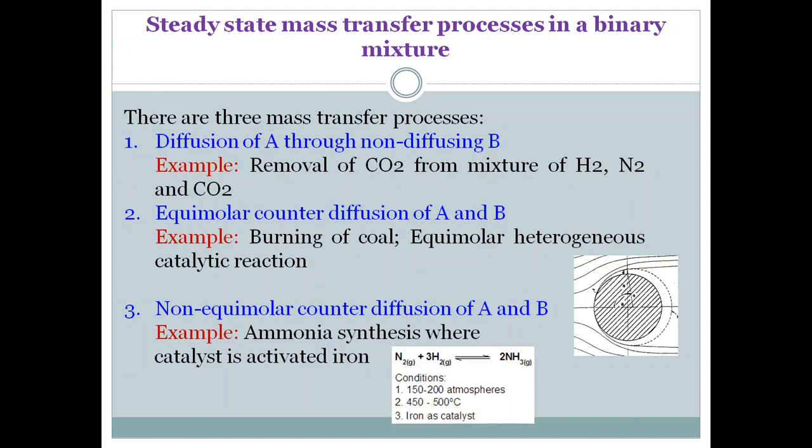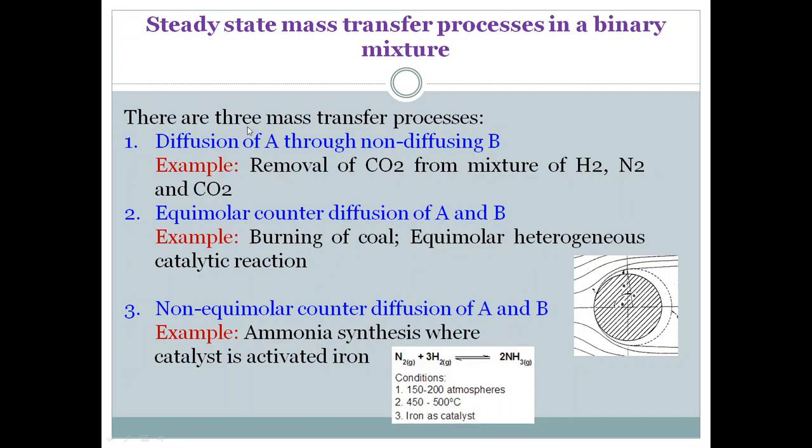Here in mass transfer equipments, whatever calculation we will do will be mostly under steady state. That means the flux NA will not change with time, because the pressure difference between 2 points at steady state will not change, or the concentration difference between 2 points will not change, and therefore the flux also will not change.